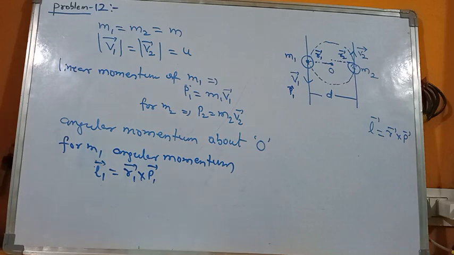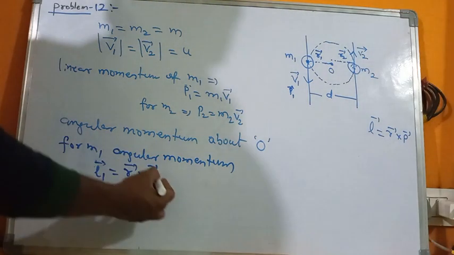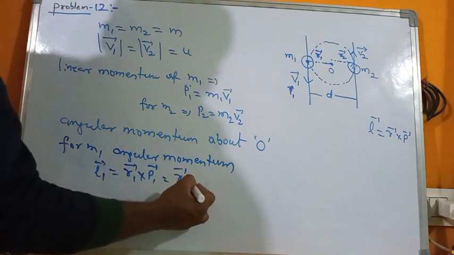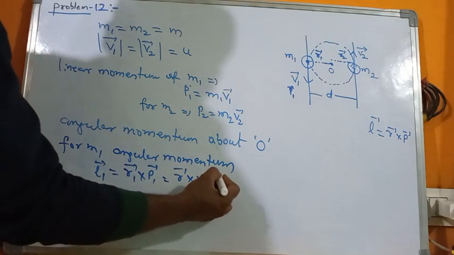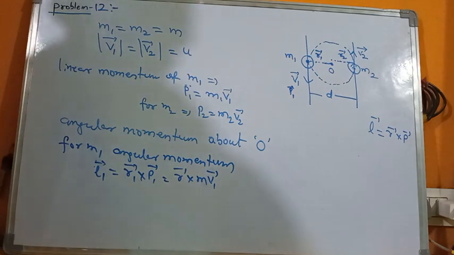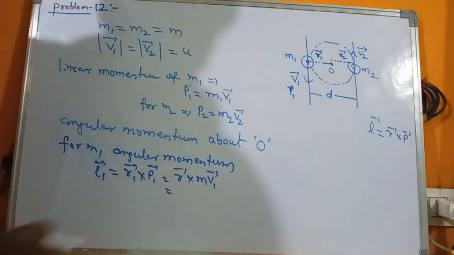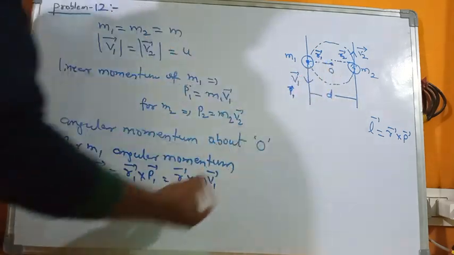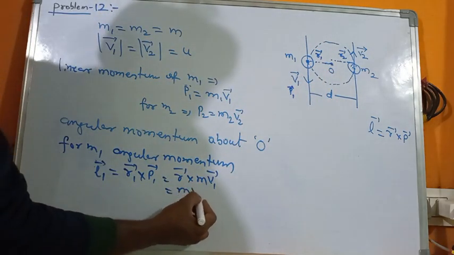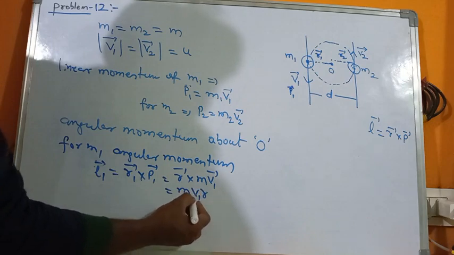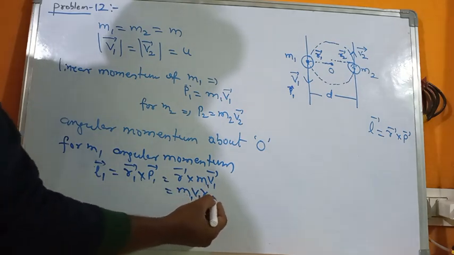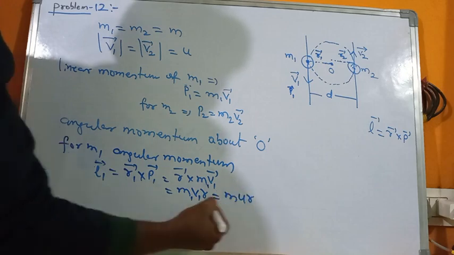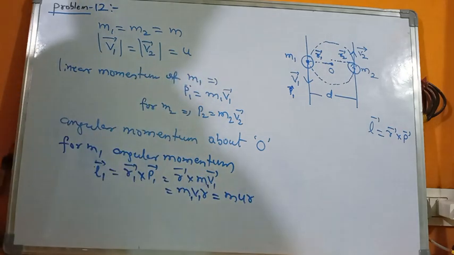So L1 is equal to r vector cross m v1 vector. Since r and v are perpendicular, this is m1 v1 r, and that is equal to m u r, since v1 is equal to u.